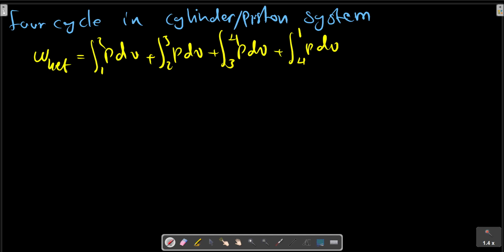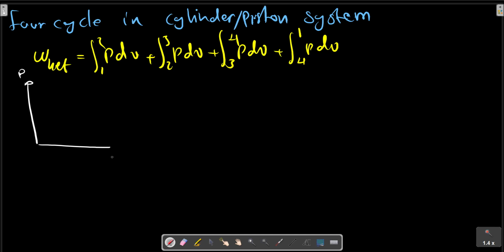From those 4 areas in the picture below, we note that pressure is higher during any given change in volume in the 2 expansion processes than in the 2 compression processes, resulting in a net positive area and a net work output.